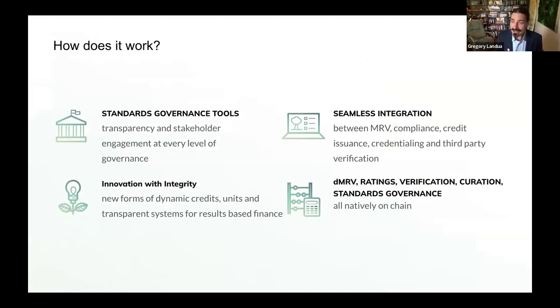So some of the key features that allow this system to work are standards governance tools. So in addition to having transparency around the data that underlies a claim, it's also really important to have efficiency in upgrading and publishing standards and to understand the work that has gone into those standards. Who sits on the standards body?